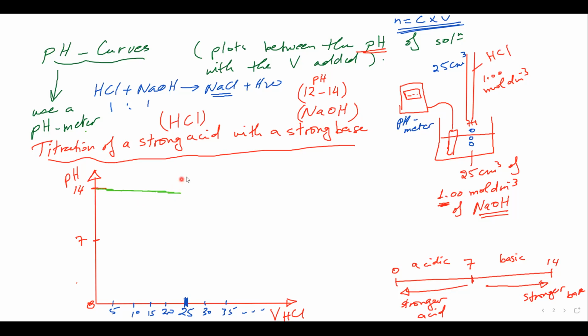That's because the concentration is varying. If you have a certain solution, the number of moles does not change, but as you add another solution, your initial solution starts to be diluted. When it is diluted, its concentration decreases, and that's why the pH here decreases.